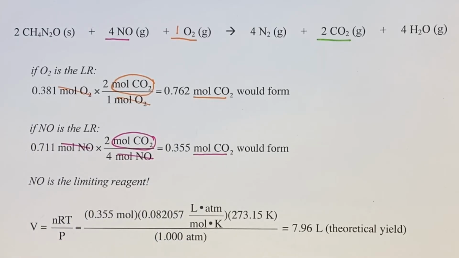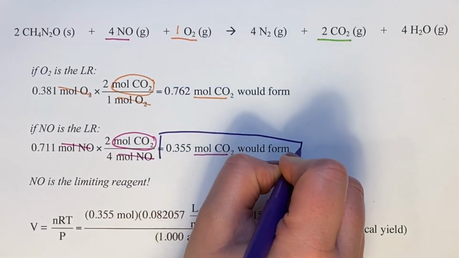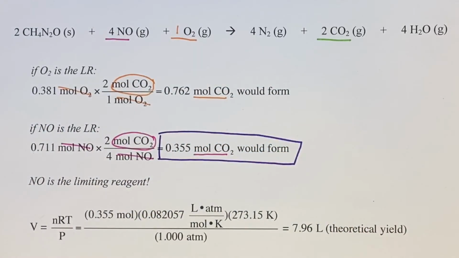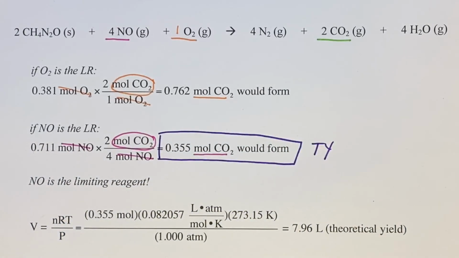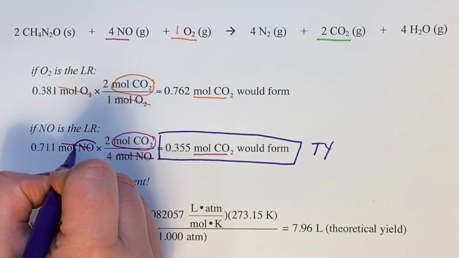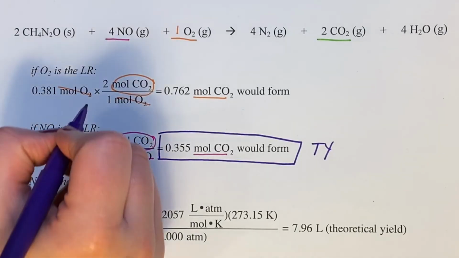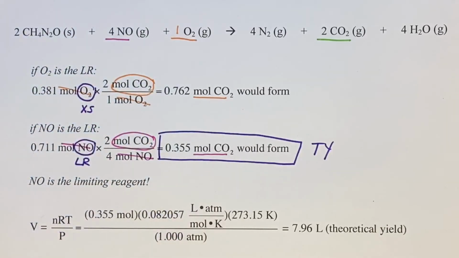Those calculations tell me that I have enough of both of my reagents in order to make this 0.355 moles of carbon dioxide. So this value becomes my theoretical yield. That tells me that my nitrogen monoxide is my limiting reagent, and my oxygen is my reagent that's present in excess.